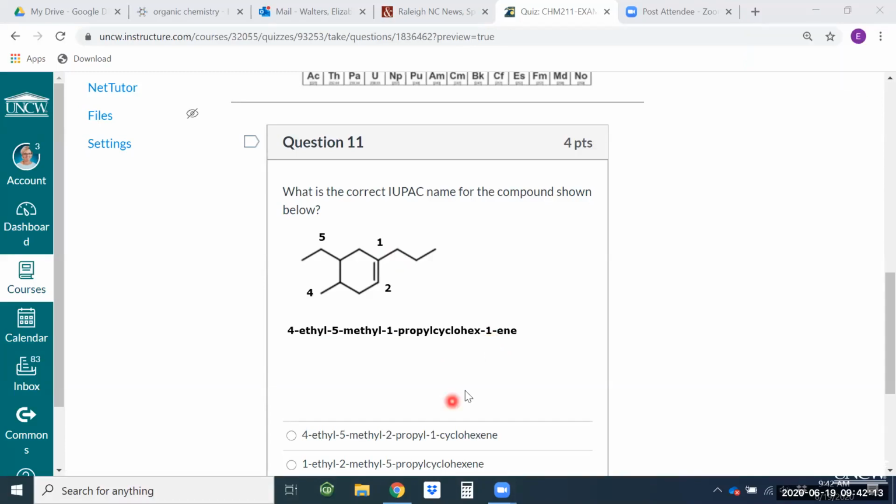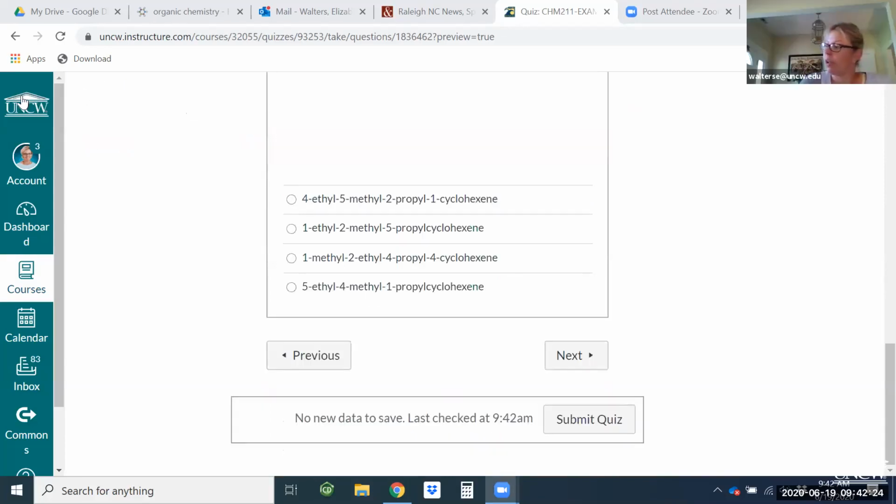But when you look at the options down here, it's being shown, but the numbers are wrong, because the propyl is on the carbon 1 as well. So this is incorrect.